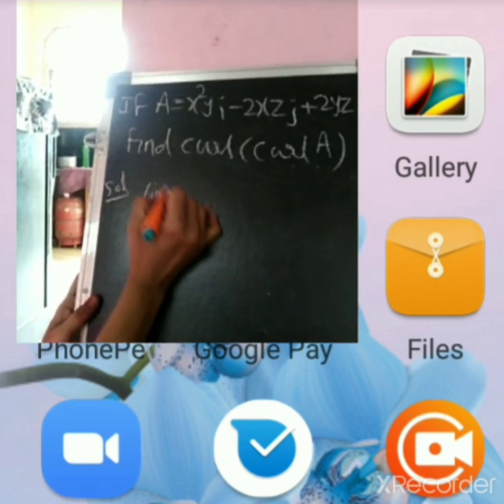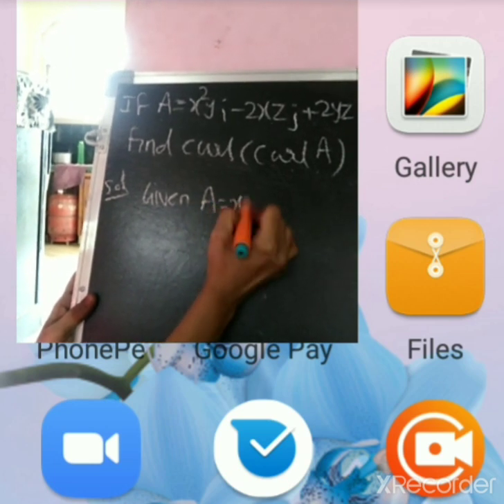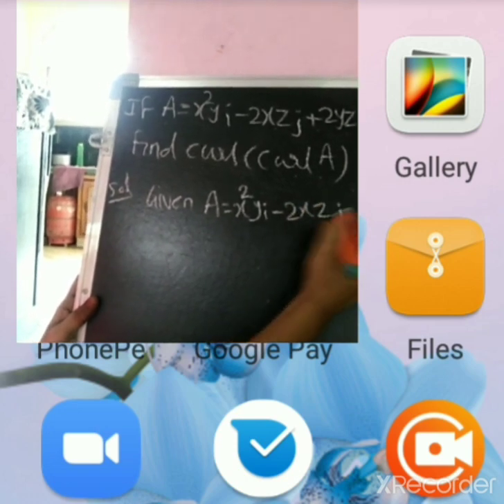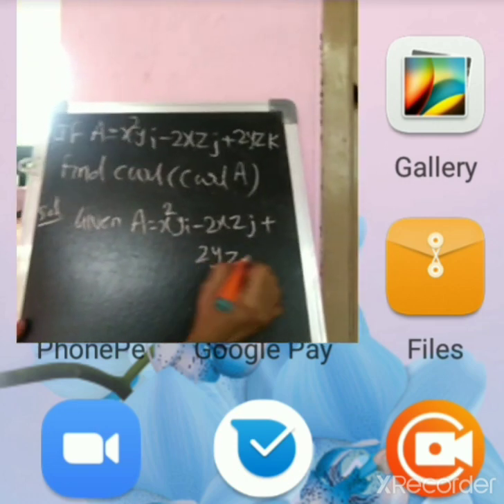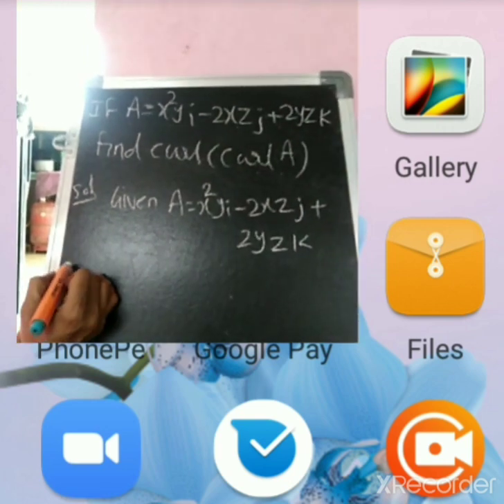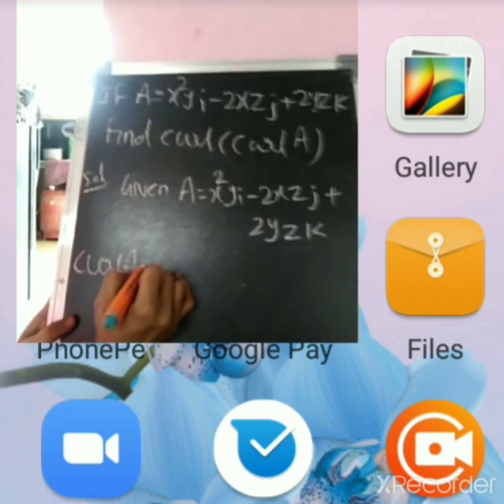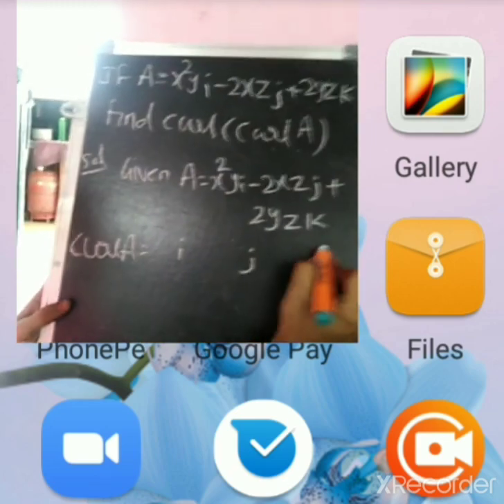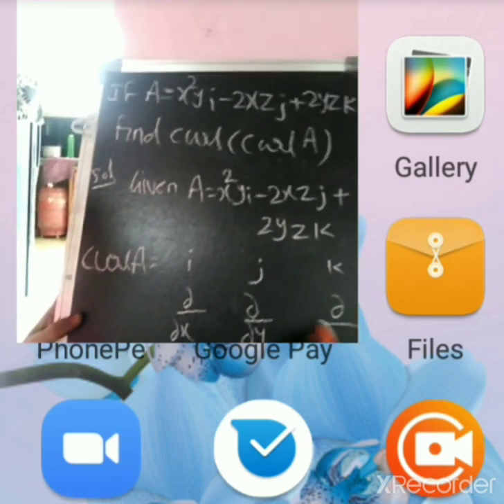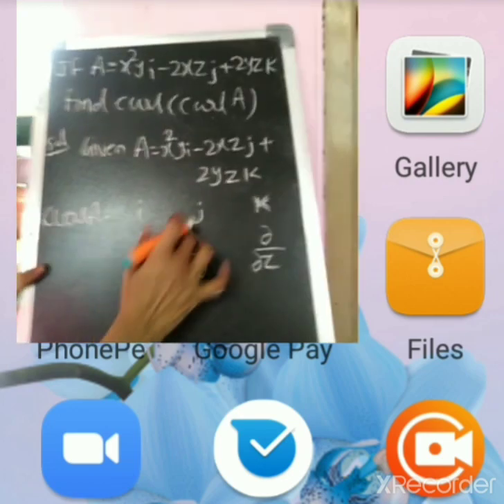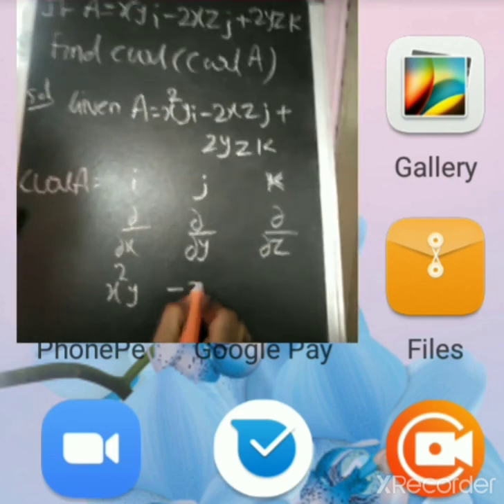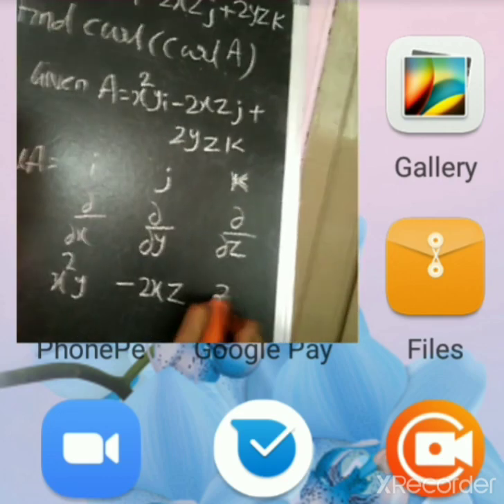Let given A be equal to x square y i minus 2xz j plus 2yz k. So first we find curl A. So curl A is equal to the determinant of i j k, ∂/∂x, ∂/∂y, ∂/∂z, with i component x square y, j component minus 2xz, and k component 2yz.